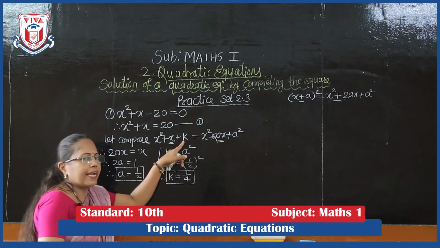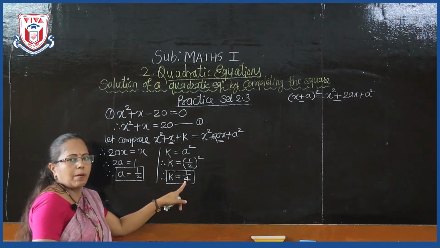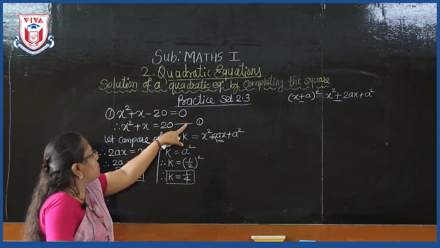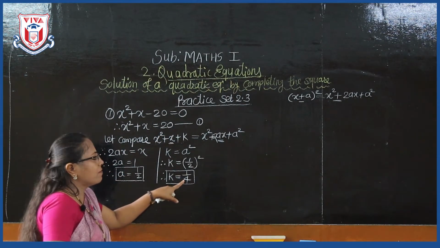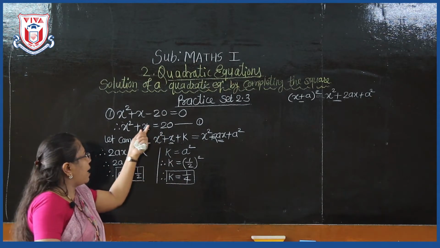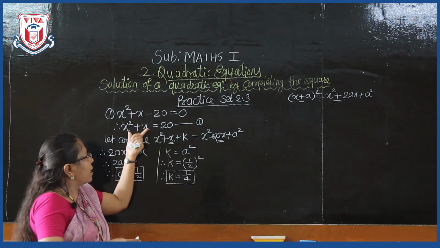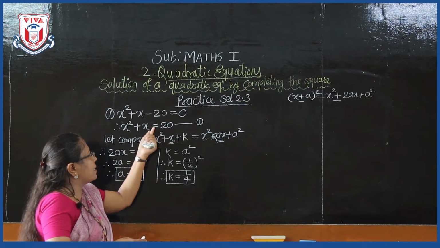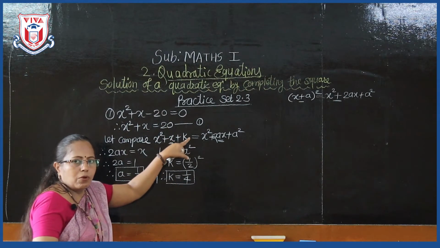So which term we added here? K, and the value of k we got is 1 upon 4. So in this first equation, on both sides we will add 1 upon 4. We can't add on one side only because then it will be imbalanced. Okay. So to maintain this equality, we have to add 1 upon 4 on both the sides.